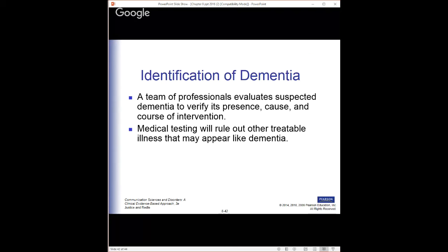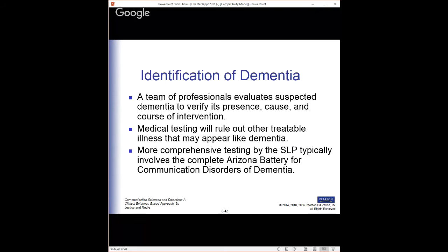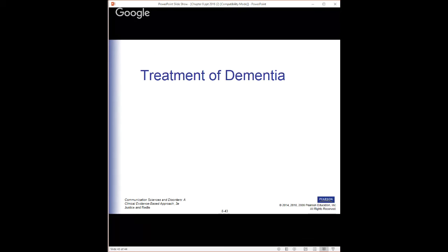Some of those might include vitamin deficiency or drug toxicity. More comprehensive testing by the speech language pathologist typically involves the complete Arizona Battery for Communication Disorders of Dementia. That's kind of the gold standard for identifying the presence of dementia.